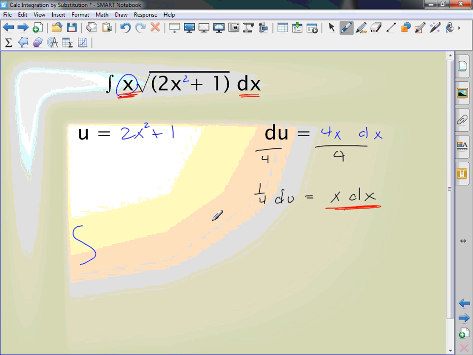This is going to be 1/4. I'm just going to put u to the 1/2, the square root of u, du. If you do it correctly, there should be no x's left, but u's. No x's, no t's, no thetas. Should just be u's.